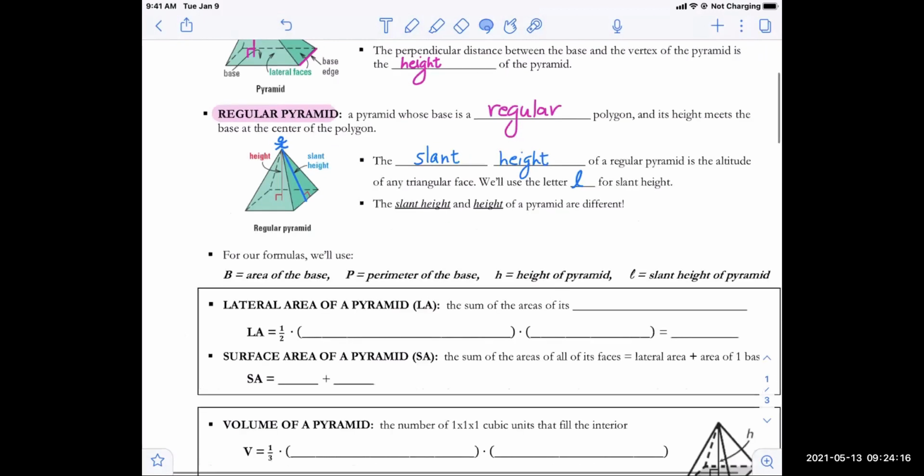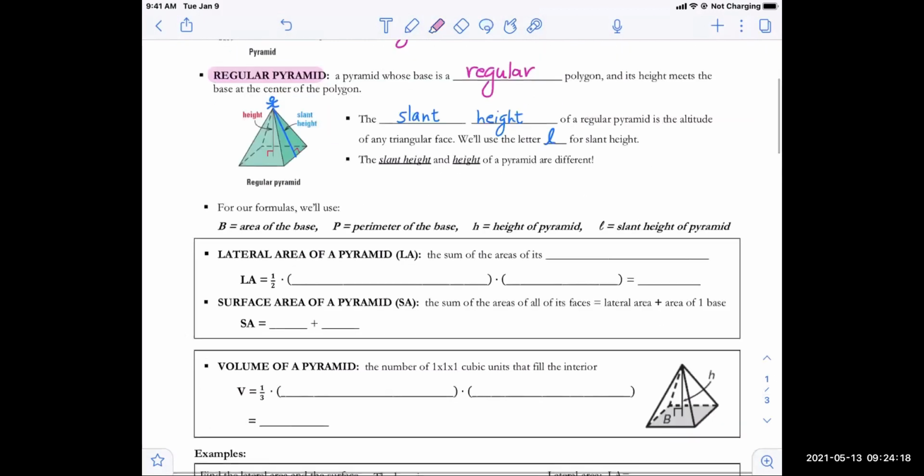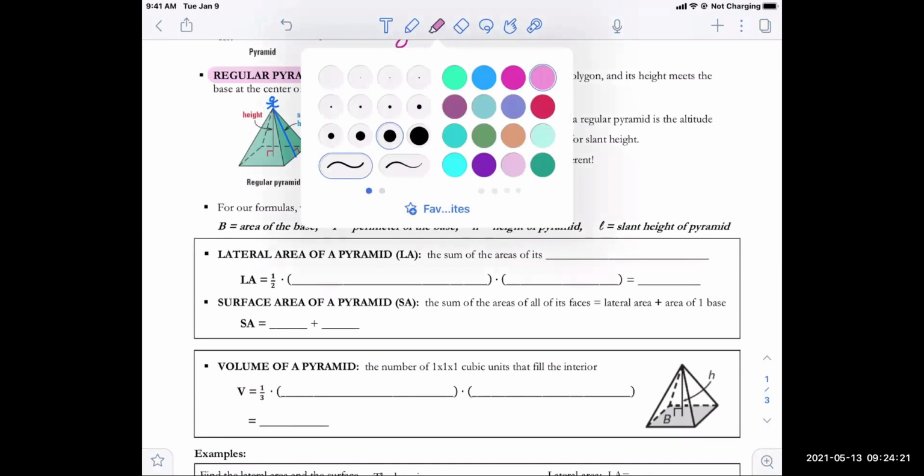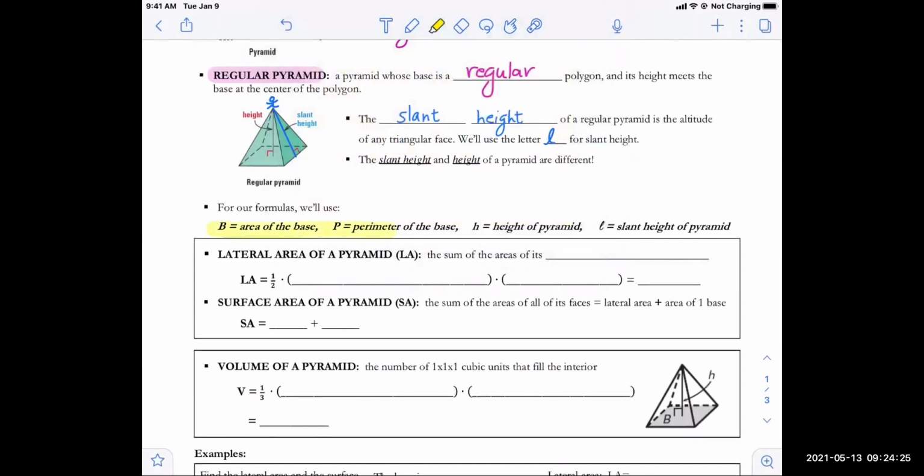Here are the formulas. Same thing that we did yesterday, except that we have this extra dimension. We still have capital B as the base area, capital P as the perimeter, little h as the height, and then cursive L is your slant height.